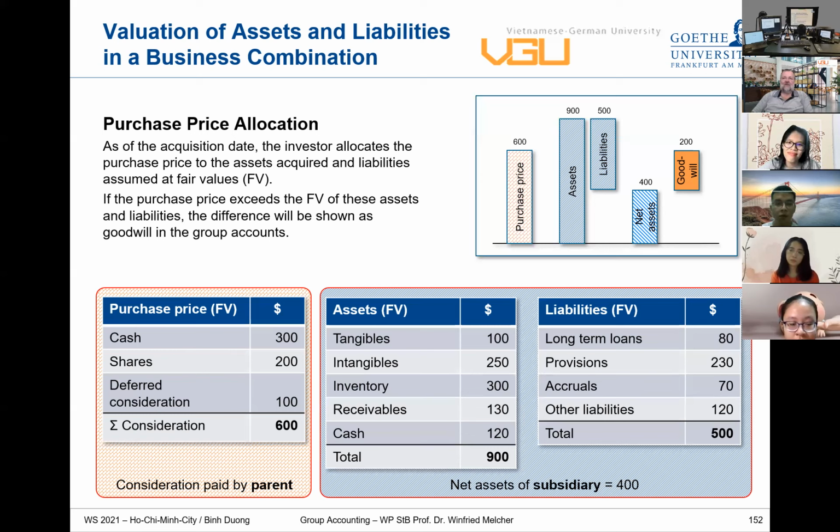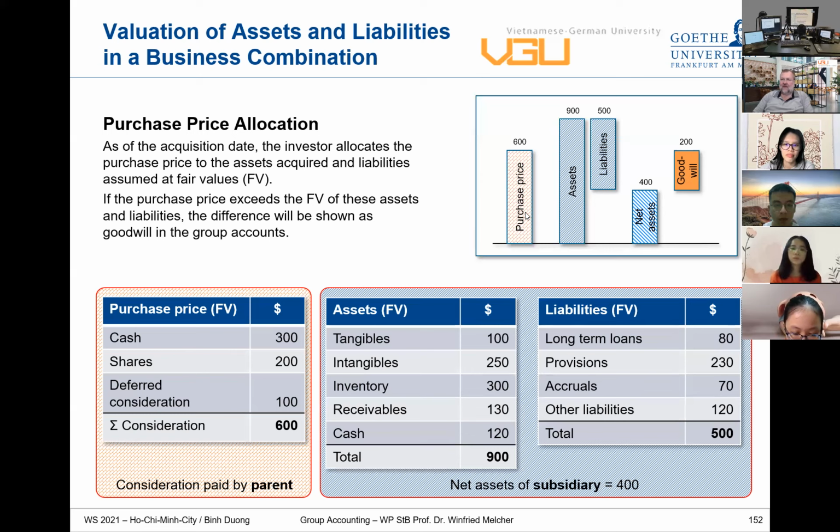So basically, when we are talking about purchase price allocation in practice, we will take the consideration that the investor paid, and then allocate that purchase price to assets and liabilities. And if that is the exact number, so the purchase price is just assets minus liabilities at fair value, then we will not have a goodwill.